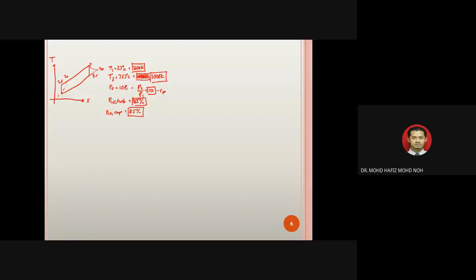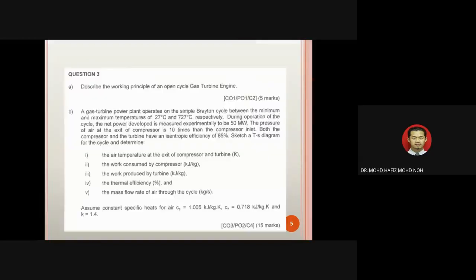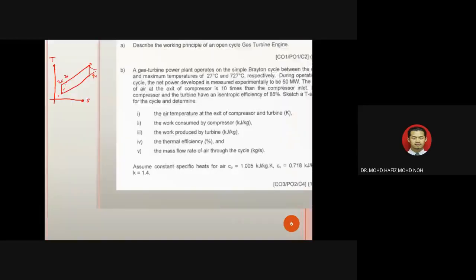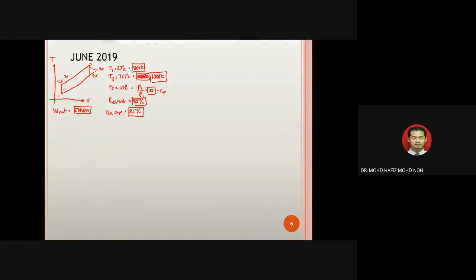Okay, and then they also give you the value of W net, given as 50 megawatt. So that's the parameter. So we have this one, 50 megawatt, the net power developed. Okay, guys, so you've finished the information on the diagram.